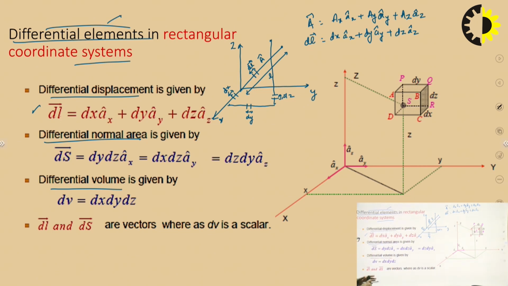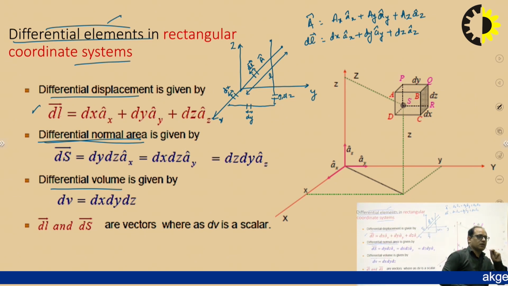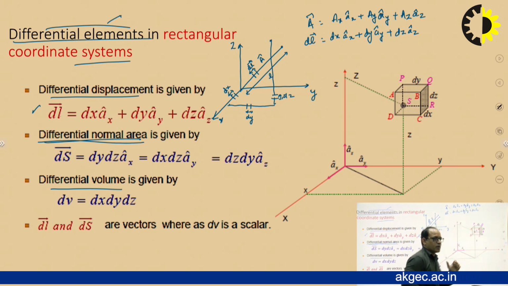Now next, if I say this is a differential normal area, a differential surface, this differential surface is generally made up of when one parameter is constant and two parameters are variable. Clear?